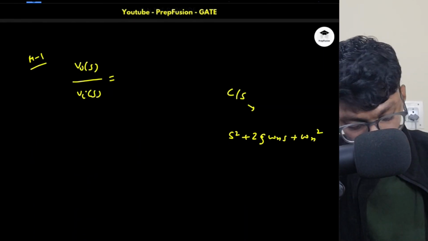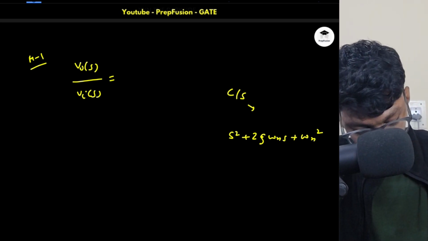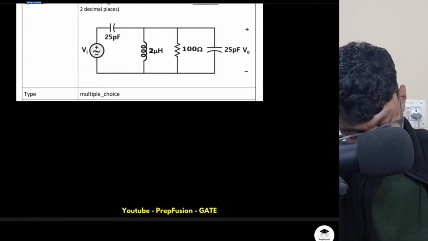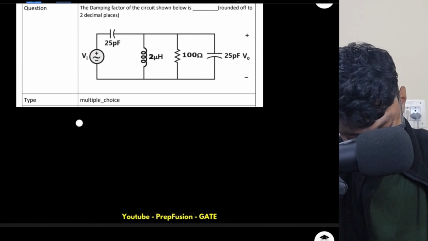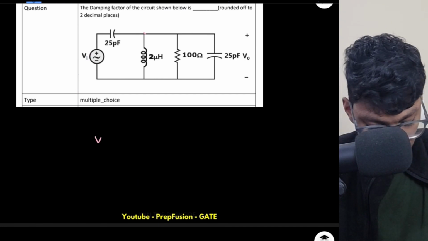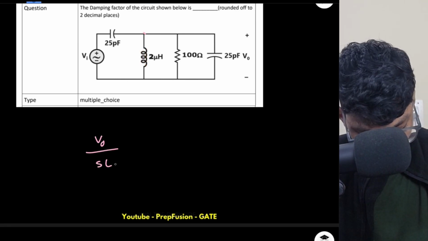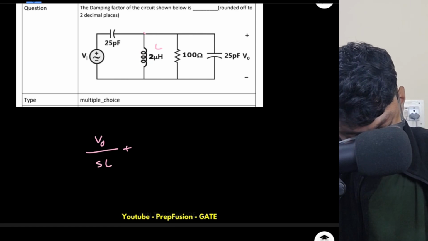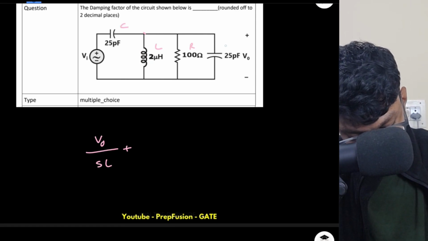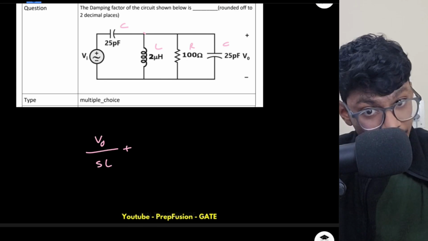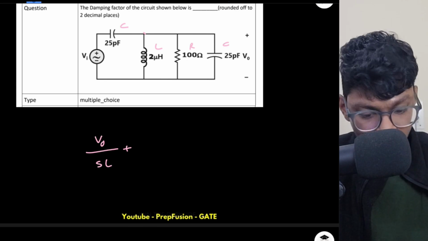Okay, so here if you want to write this down, I can apply KCL at this node. If I apply KCL, it will be VO by this current. What is this current? I will assume this to be L, this to be C, this to be R, and this to be C. Here L, C, R are different.